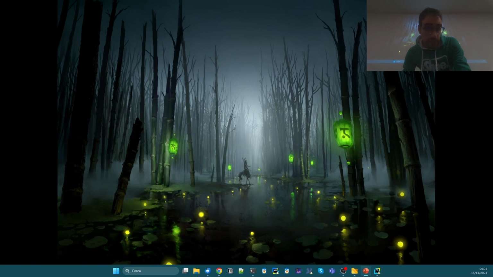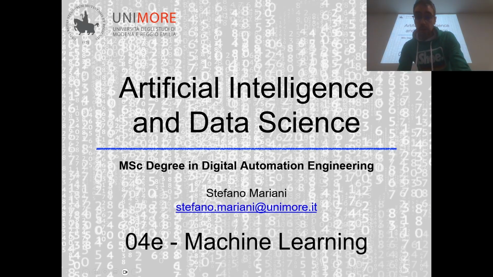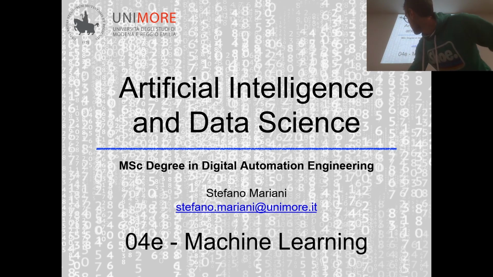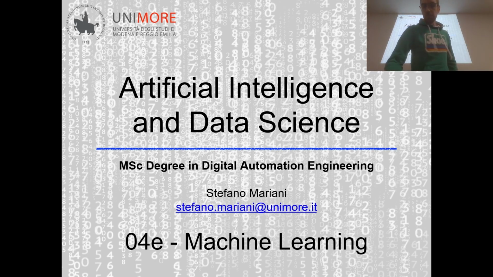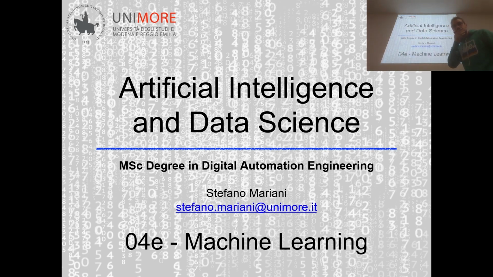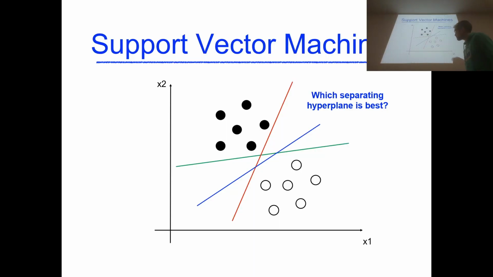And today instead, we go on with our browsing of techniques for building machine learning models, especially with a focus on classification. And today we are talking about support vector machines. These are yet another technique.